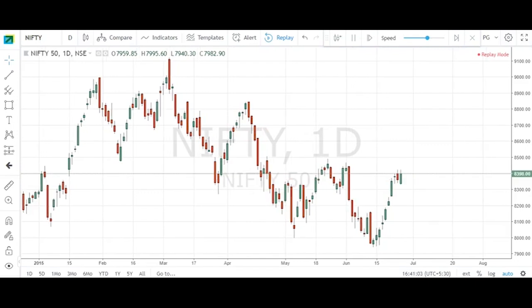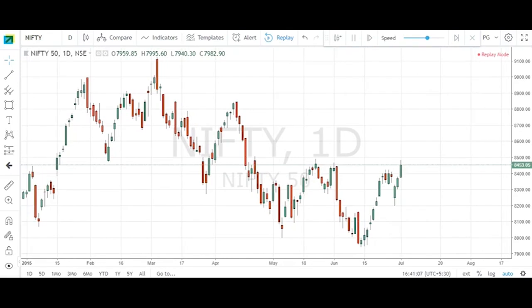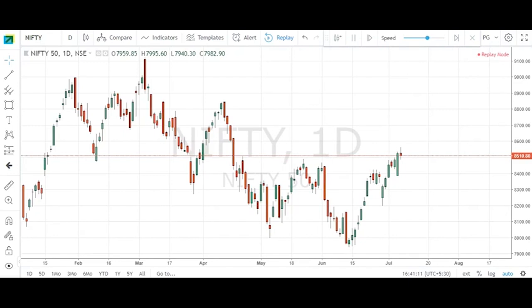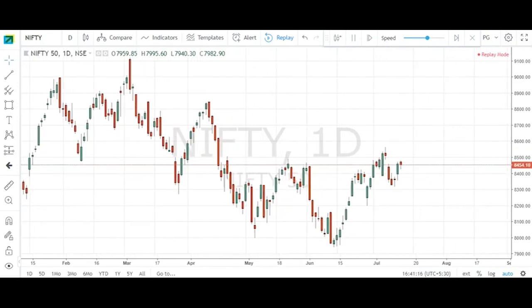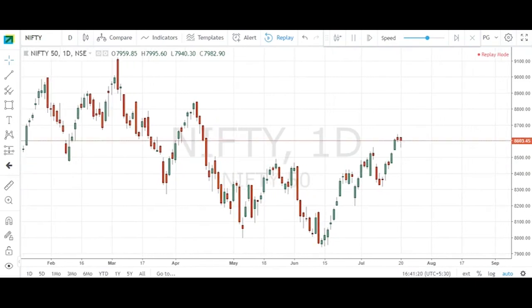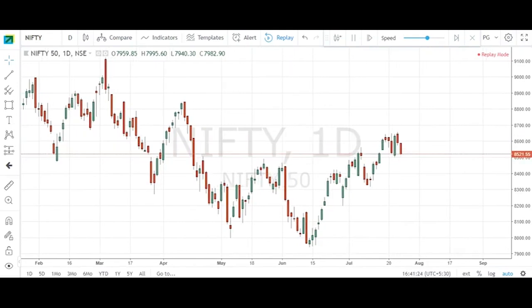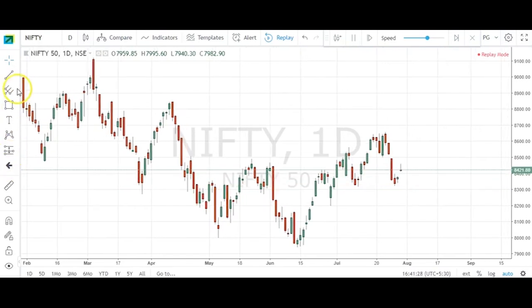So price is moving up, as you can see, then it came down, created a small support, then again price moved up, came down, and another support got created. Price moved up again, and then again came down slowly and created a major support.